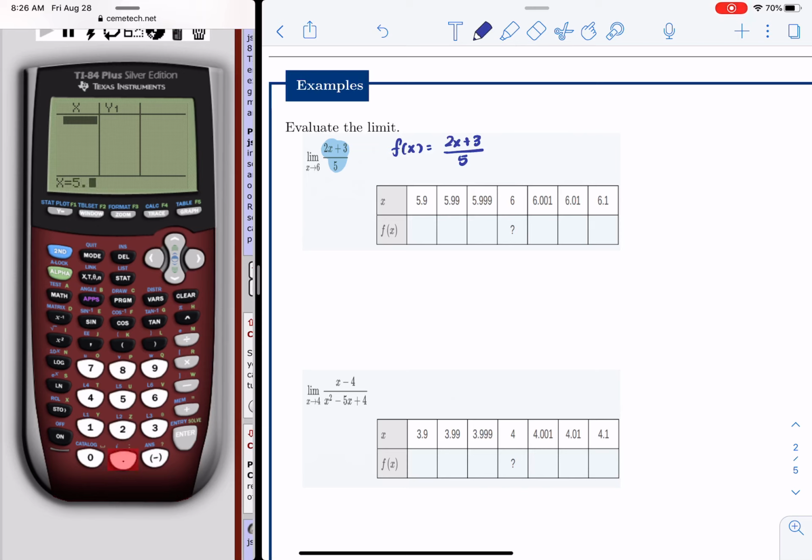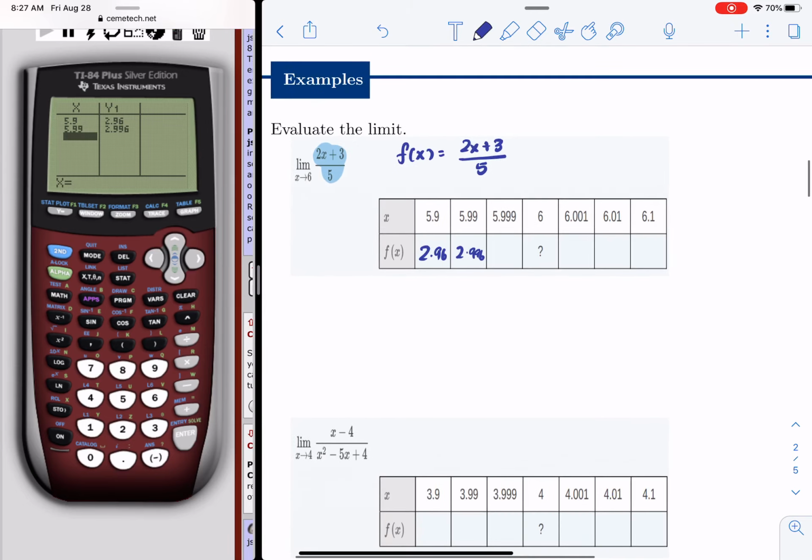So I am going to enter 5.9, the first value. I get 2.96, 5.99, I get 2.996, 5.999, I get 2.9996.